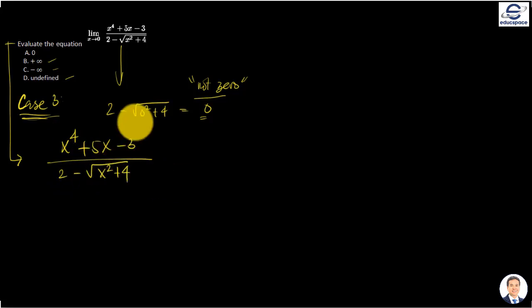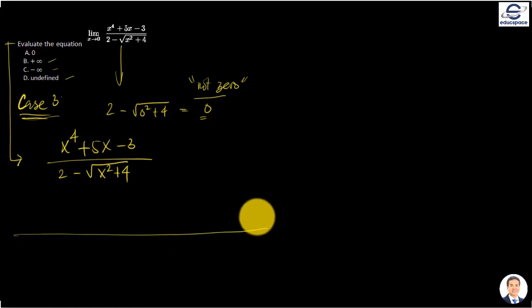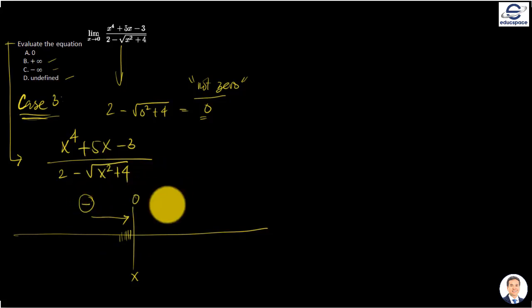Now if we draw the illustration, let's say this is 0, this is x. There are some numbers approaching 0 from this direction. This one is negative, approaching 0 from the left. And then there are some numbers here approaching 0 from the right.